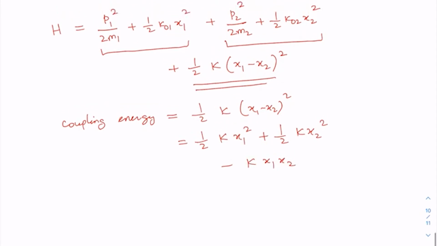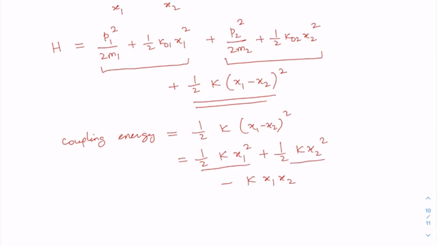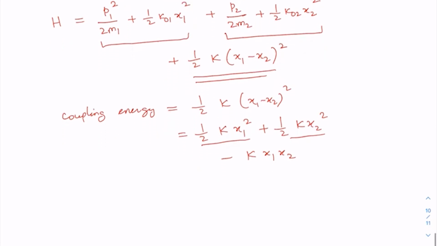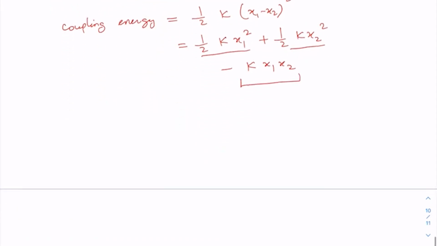Now if you look at these two terms, qualitatively speaking, they are not going to change the physics of this coupled system, because they are just changing the spring constants of the individual oscillators. The interesting term is this cross term, which refers to the fact that energy is getting transferred from oscillator 1 to oscillator 2. So let us analyze this particular term.